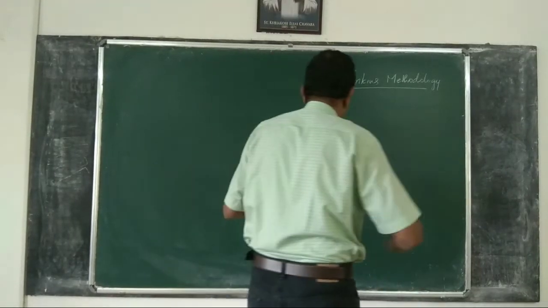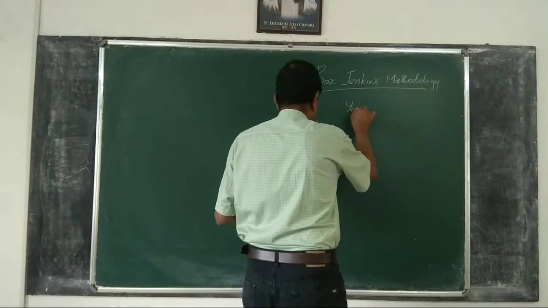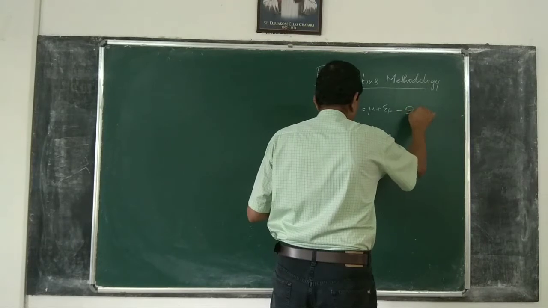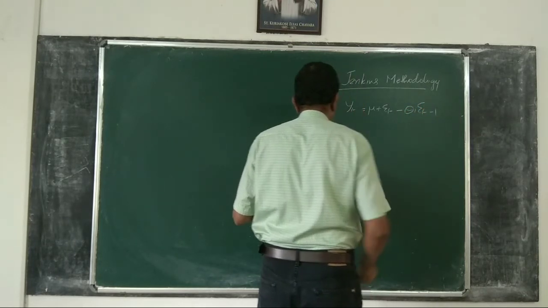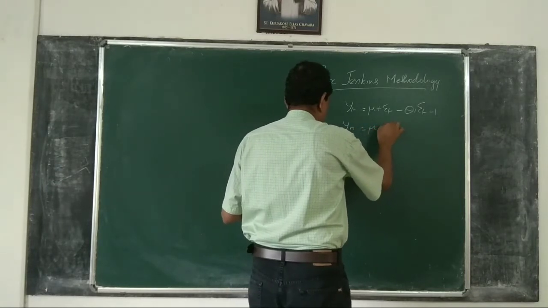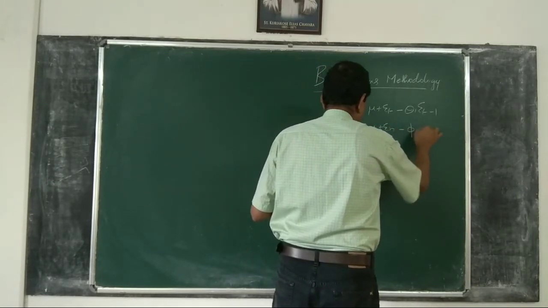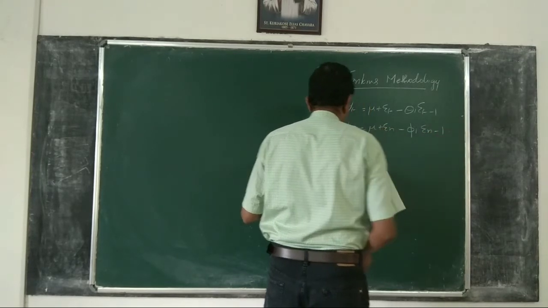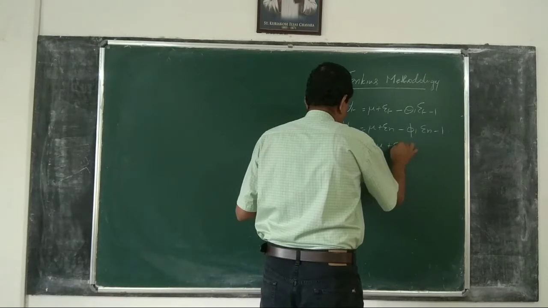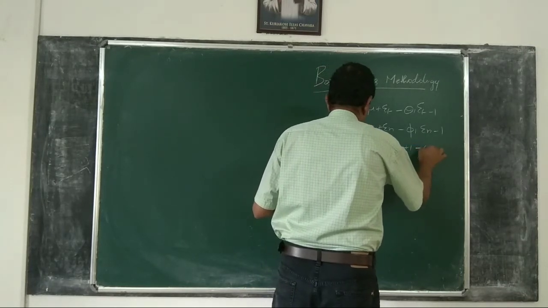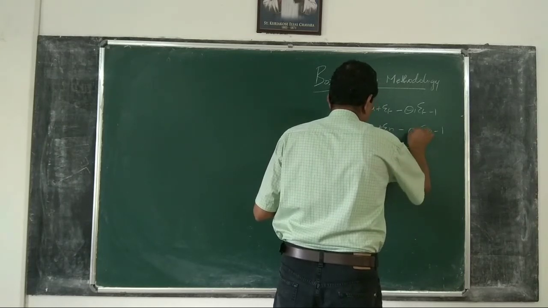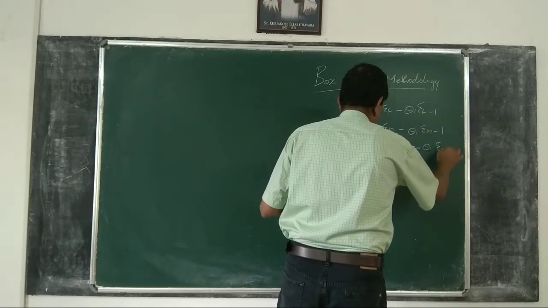An MA1 process is yt equals mu plus epsilon t minus theta 1 epsilon t minus 1. So yn is equal to mu plus epsilon n minus theta 1 epsilon n minus 1. And yn plus 1 is equal to mu plus epsilon n plus 1 minus theta 1 epsilon n.